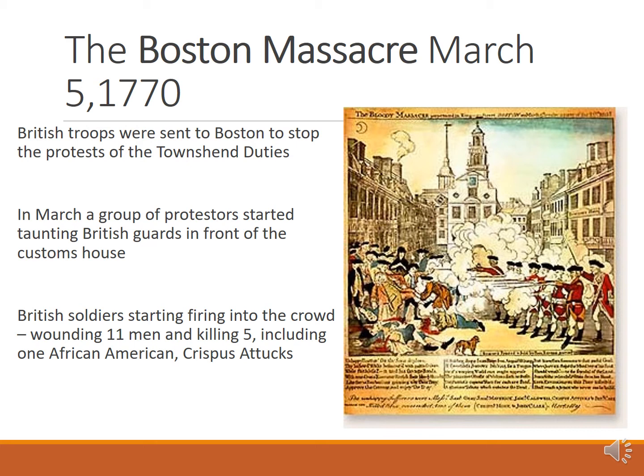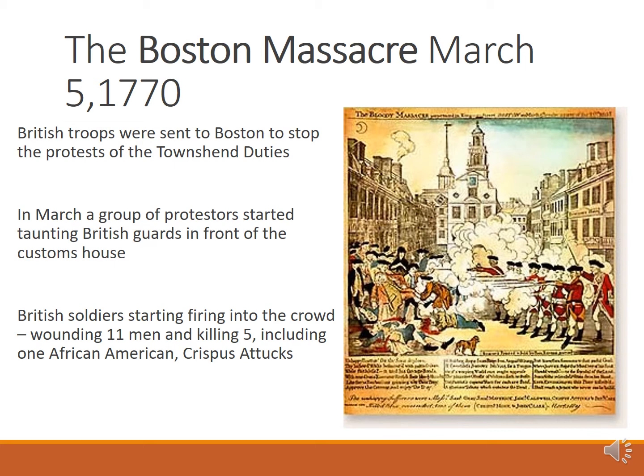Hutchinson, who is the colonial governor at the time, tried to respond in a way that would prevent further violence. But the Sons of Liberty made sure that those 5 colonial victims had funerals that were befitting heroic martyrs. 8 jailed British soldiers and their captain, Thomas Preston, were brought before a court of law in the fall of 1770, where they were defended by John Adams and Josiah Quincy, patriots who believed strongly that even unpopular defendants deserved a fair trial.